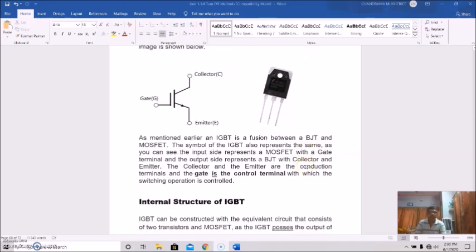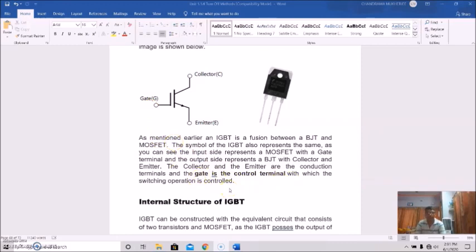IGBT, as I told you, is a fusion between BJT and MOSFET. The symbol of IGBT also represents the same. See, the input side represents the MOSFET with the gate, and the output side represents the BJT with collector and emitter. Collector and emitter are the conduction terminals, and the gate is the control terminal, which controls the switching.